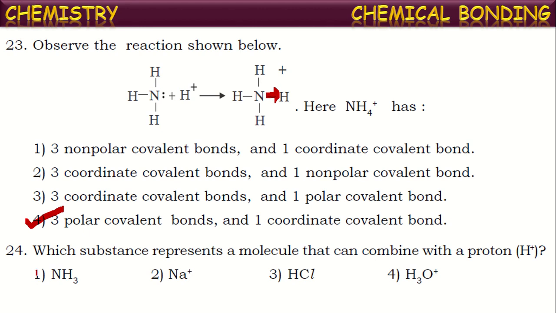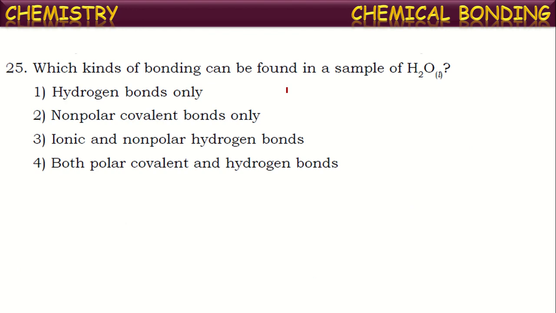That is ammonia. Ammonia can combine with a proton to form the NH4+ ion like this, because it has one lone pair of electrons and the proton has one vacant orbital. So these two can combine to form a dative bond. Okay. Next. Which kinds of bonding can be found in a sample of water?